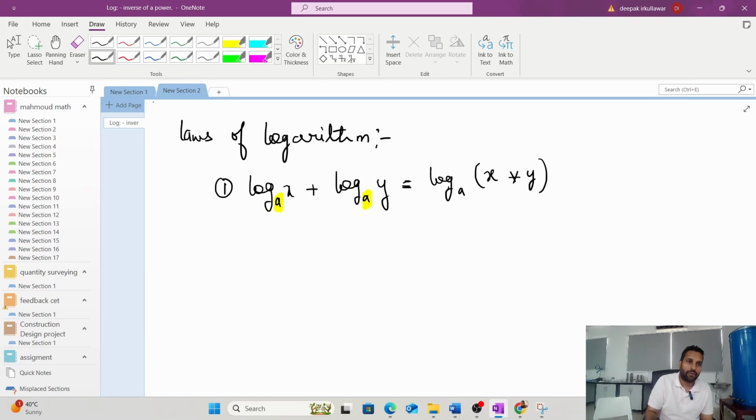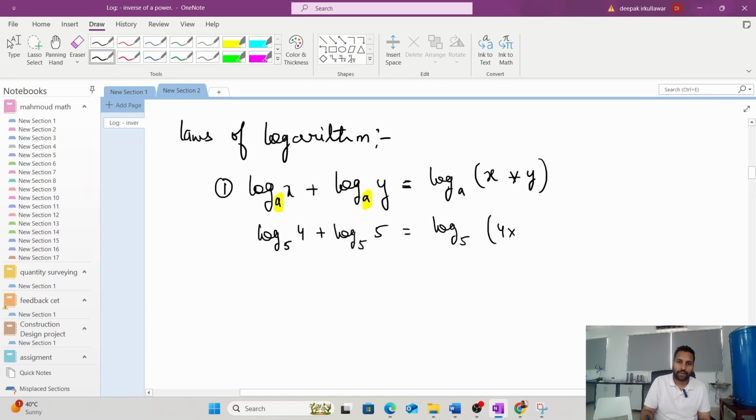For example, if I give you log base 5 of 4 plus log base 5 of 5, this would become log base 5 of 4 times 5, which is log base 5 of 20. If you plug this into your calculator, you will get 1.86 something.